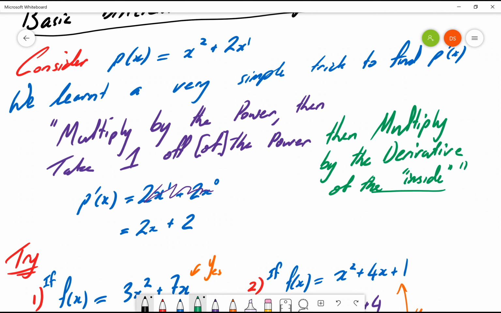Okay, this addition is a really cool part of maths. We will in the future learn it as the chain rule, possibly, but for now I'm going to call it the bracket rule. Whenever you multiply by the power, take one off the power, then you multiply by the derivative of the inside, whatever the inside of the brackets is.